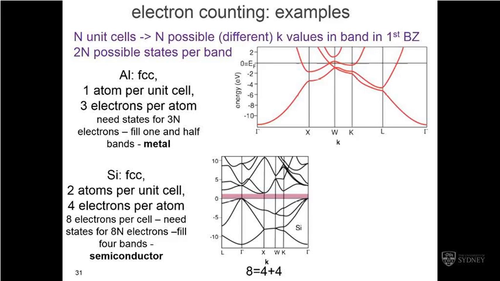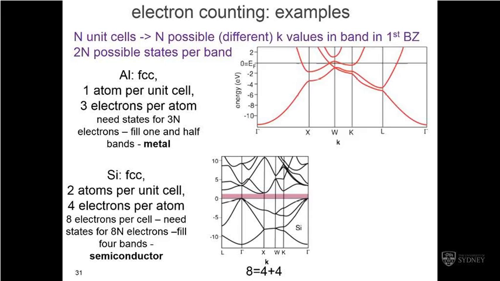But we know that one band can only hold 2N electrons. So 2N of those electrons go into the first band, and then the next band, which can also hold 2N electrons, we only need N more, so that's half filled. So aluminium has to be a metal in this simple electron counting method. Of course, this electron counting method doesn't always work, and we'll see one shortly that doesn't work.